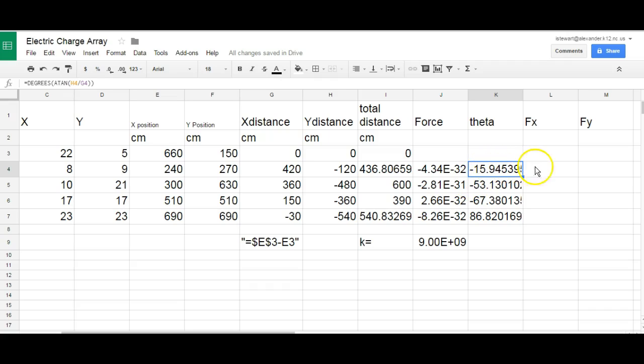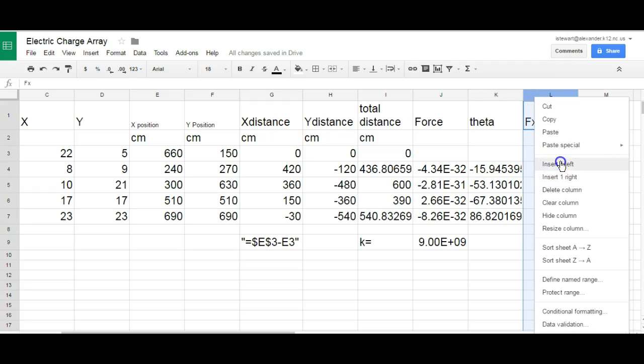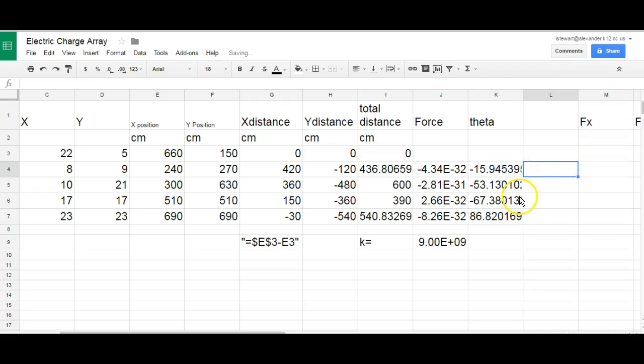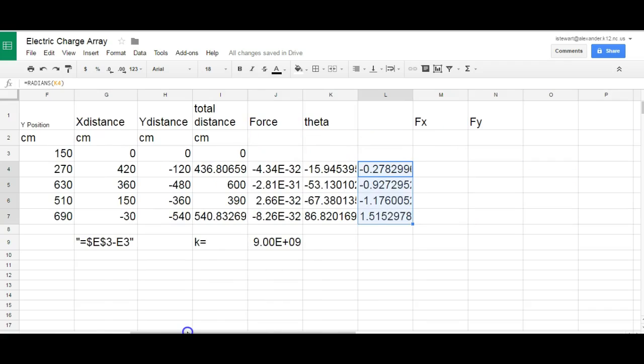So what we're going to do is we're actually going to then just recalculate theta in radians so that we've got it. And so we're going to say that equals radians, and that one right there. So we'll convert those to radians, and now we can use our trig rules to turn these into our other values.